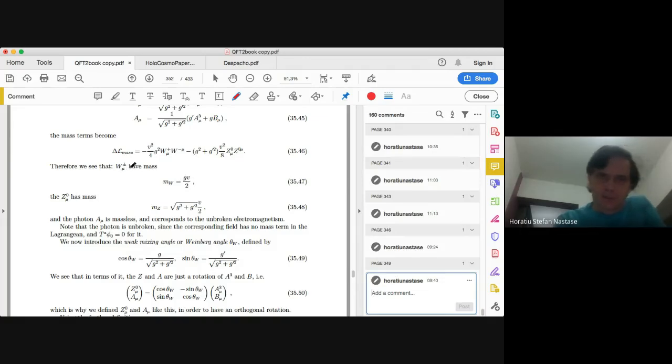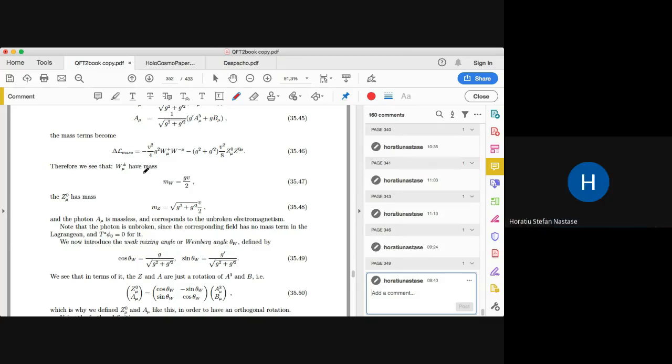W plus and minus are massive bosons that are observed in particle experiments and at the electroweak scale.